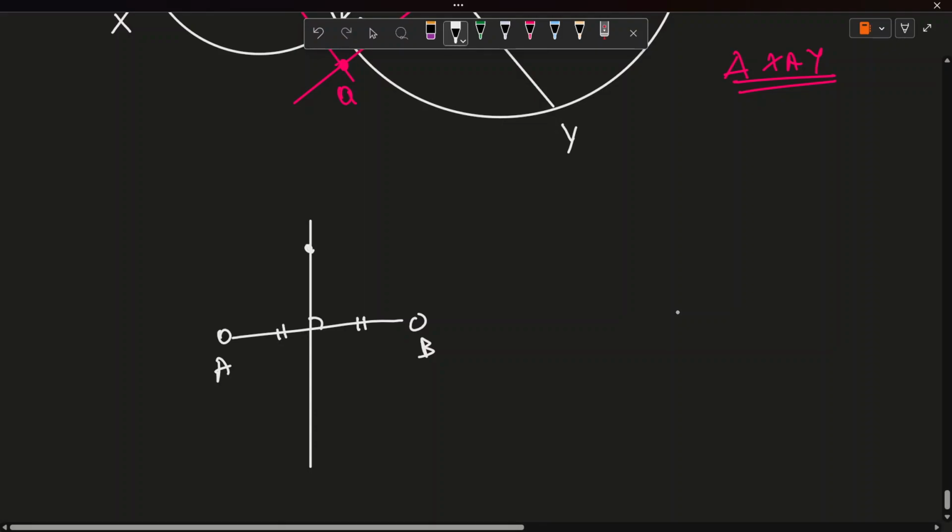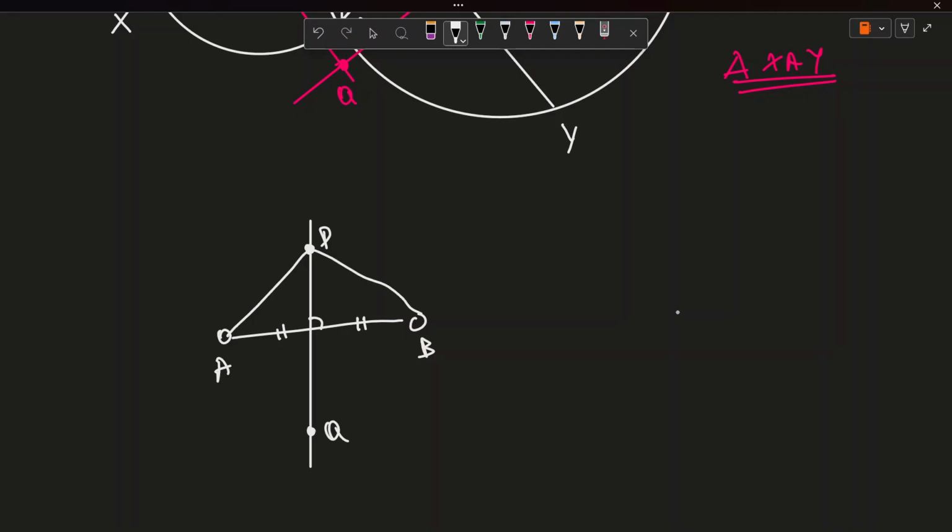Then if you take a random point here, say P, and another random point here, say Q, then AP equals BP. Why is that? We can easily show that these two triangles are congruent. Okay, this already follows from side angle side criterion, and so this side becomes equal to this side. So P is equidistant, and similarly Q is also equidistant. This distance is also equal to this distance.